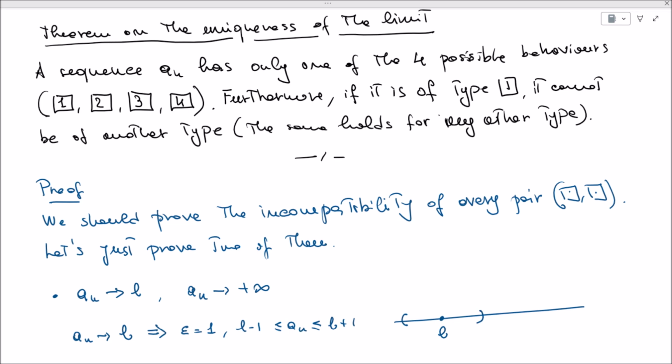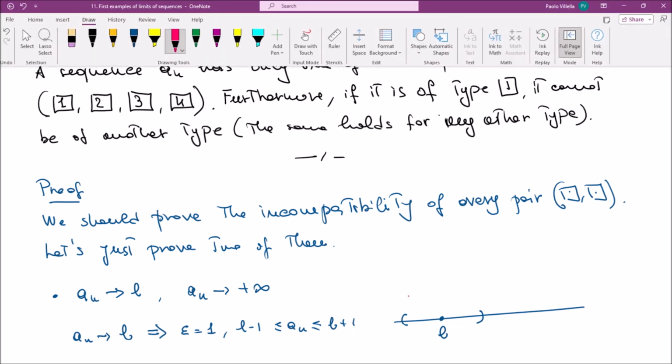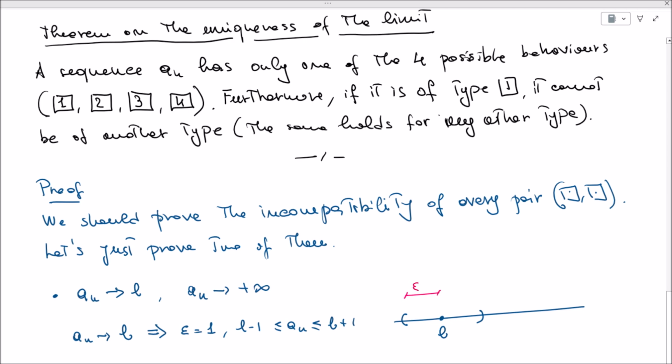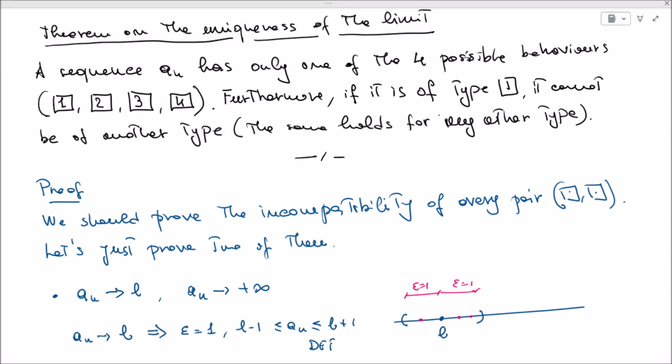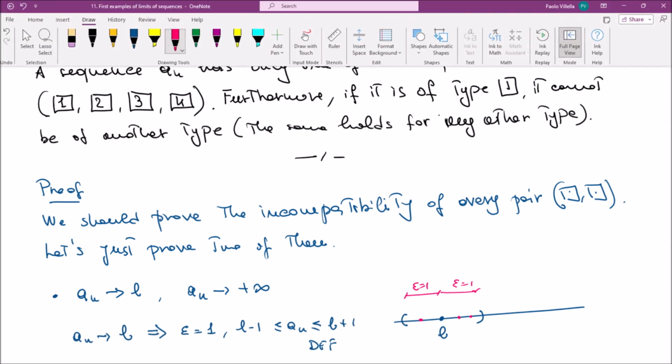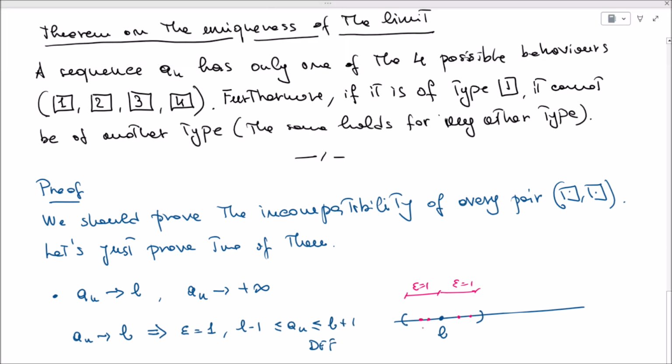The width of the interval is going to be 1, so this will be just epsilon equal to 1 on each side, and we know that definitively all the elements of the sequence will belong to this interval.